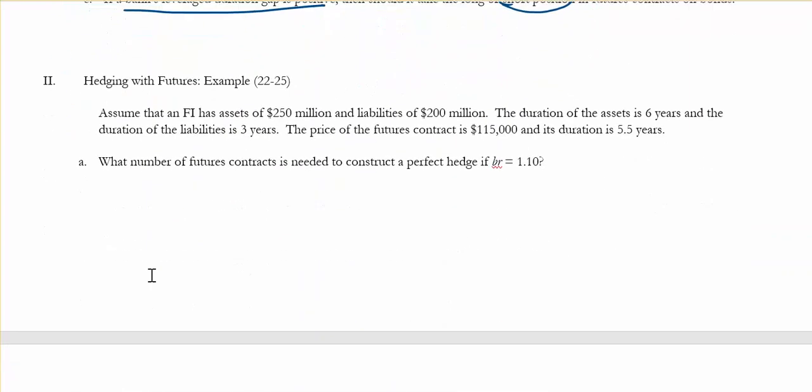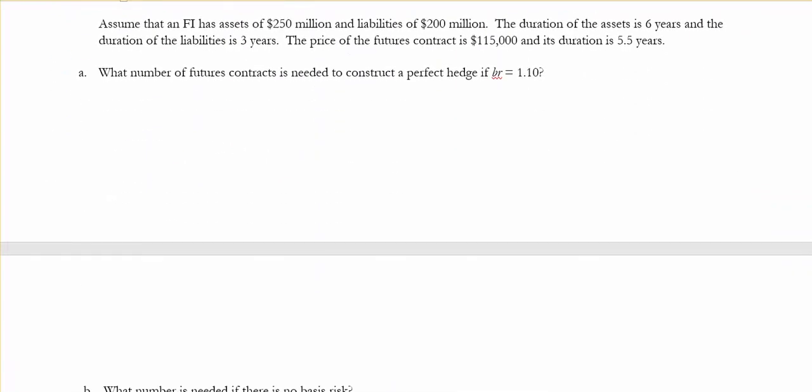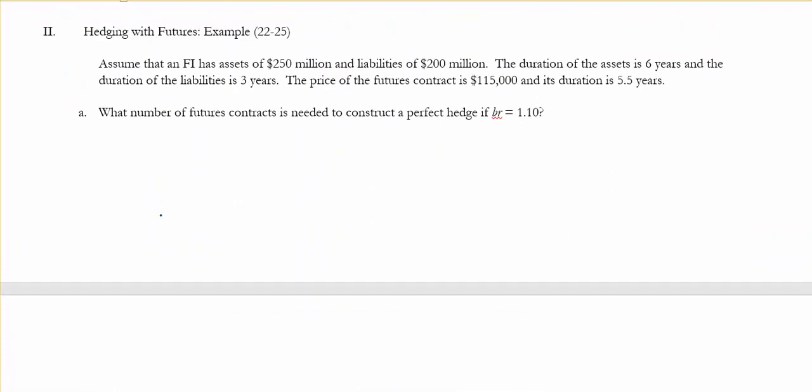All right, let's use the formula that I've developed here to answer the question. We have a financial institution with assets of $250 million. Let's start writing the information down as we see it. Liabilities of $200 million.